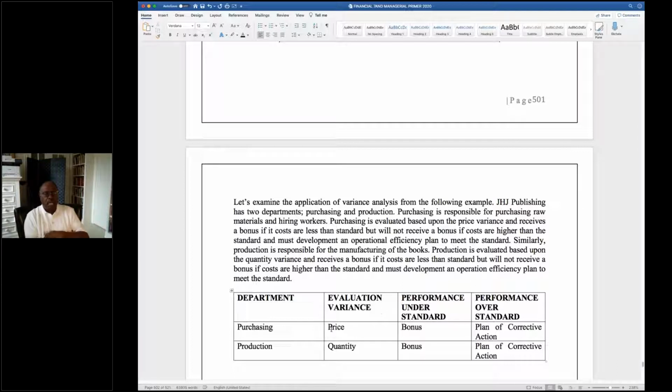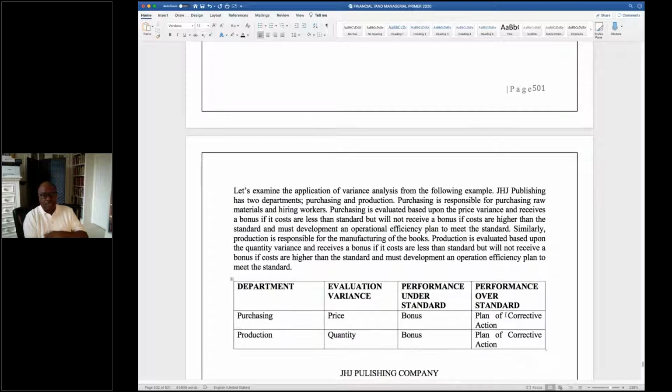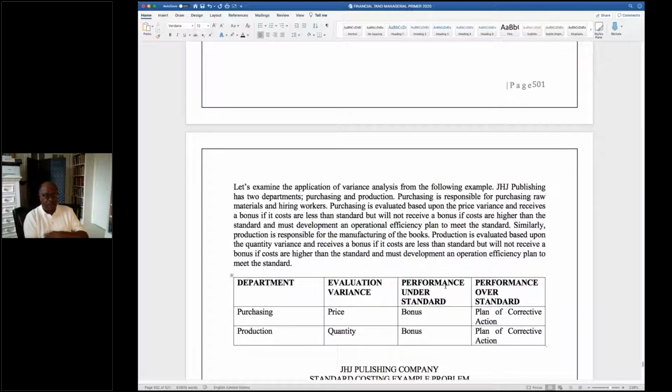So in terms of buying, if purchasing buys things at standard or under, they get a bonus. But if they are over, if they're paying more for the ink, then I want to know why, and there needs to be corrective action.